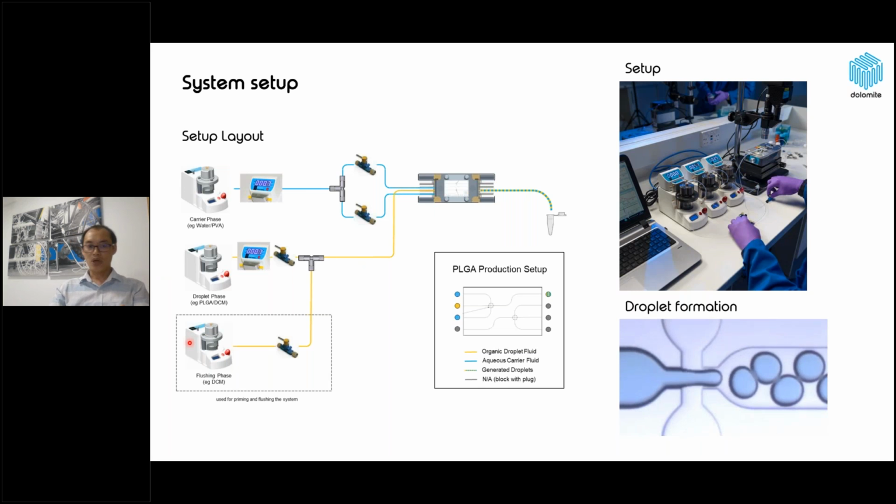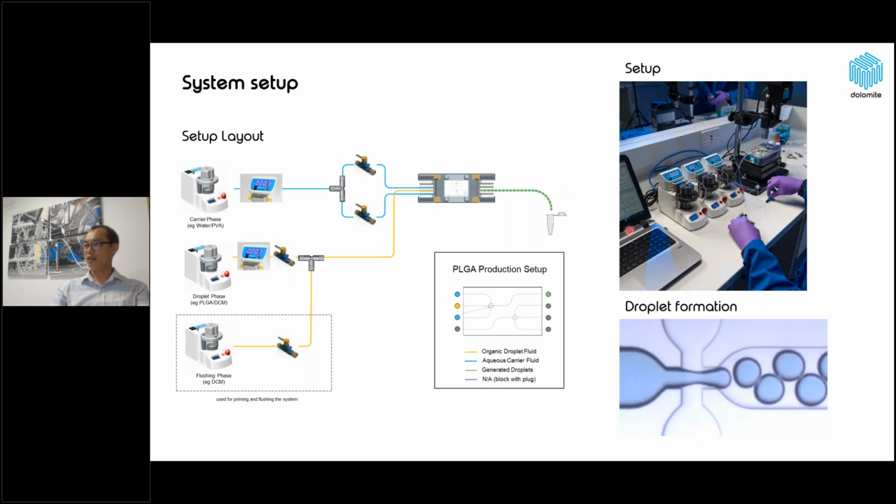And the third pump can be used for flushing phase, for example, only DCM for cleaning the system before and after running the experiment. So the droplet junction chip of 100 micrometer will be used here, and the PLGA DCM droplets dispersed in water will be generated at the junction chip and go to the collection vial for collection.